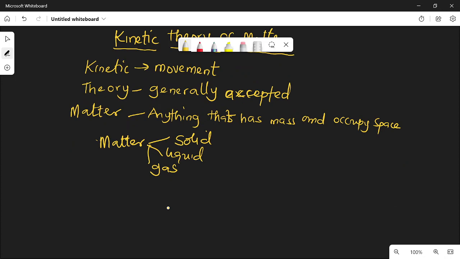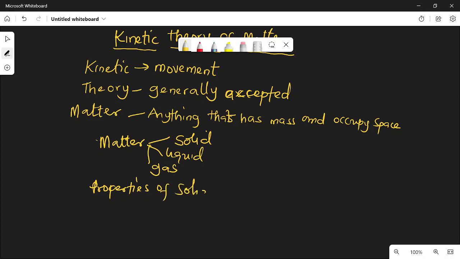Now, let's talk about our solid. I'm talking about our matter existing in these three states, which is the solid, the liquid, and the gas. So what are the properties of solid? If something is solid, what are the properties of solid?